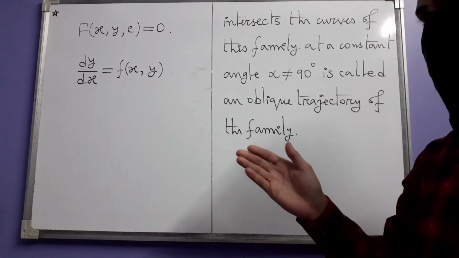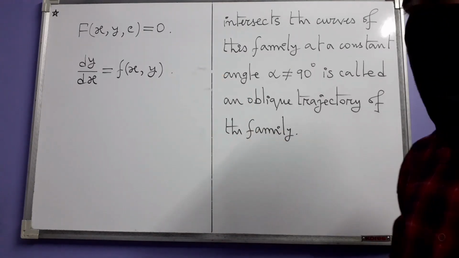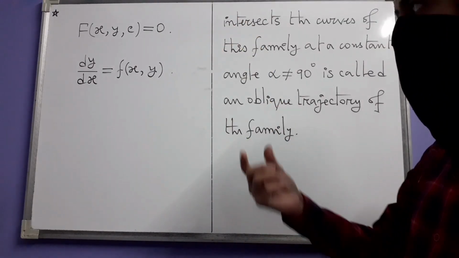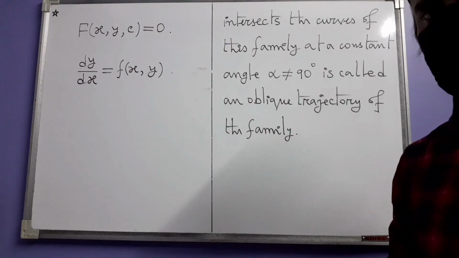And from what we did for orthogonal trajectories, we already know what this equation means. It means that the slope of any curve in this family at a point (x, y) is given by this right hand side.